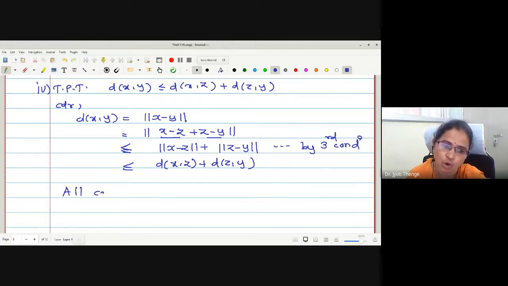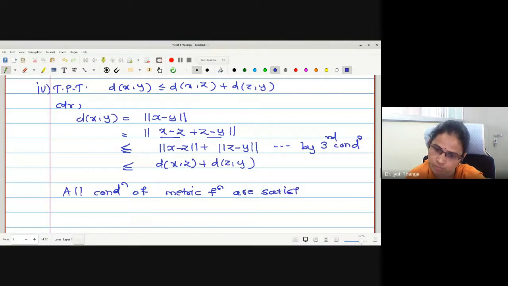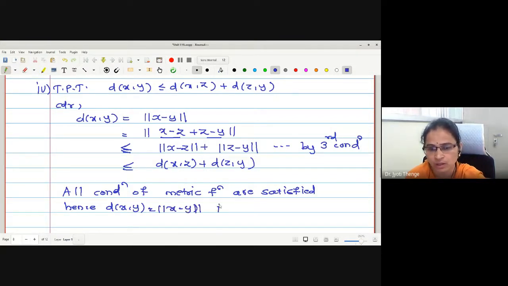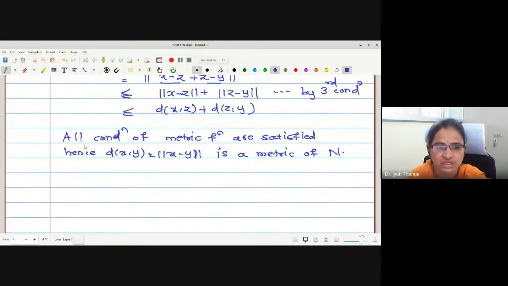Therefore, can I write that all conditions of a metric function are satisfied? Hence, d of x, y equal to norm of x minus y is a metric on V. If it is a metric, this V is a metric space.